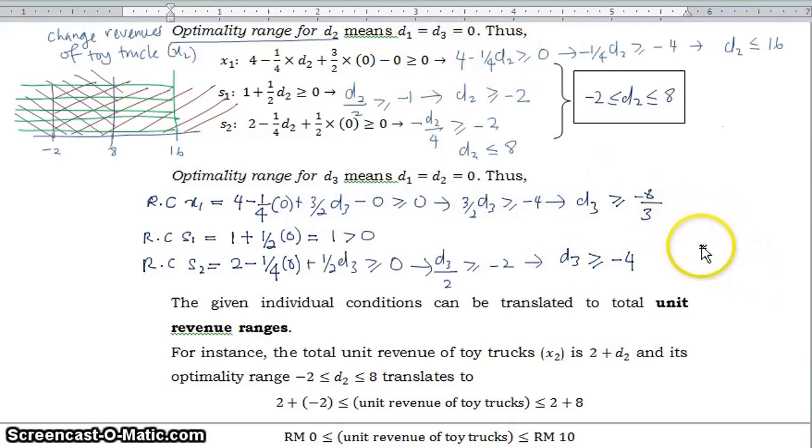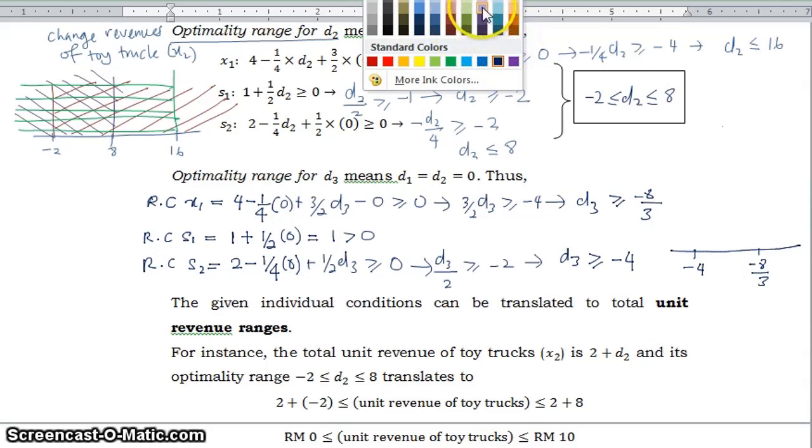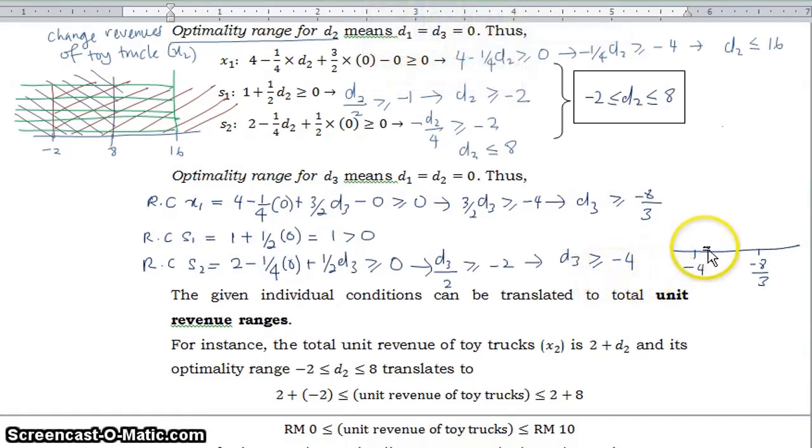Draw the line number. Okay, we know that -4 is smaller than -8 over 3. So we mark here -4, -8 over 3. The first area is greater than negative 4, so it's on the right side of negative 4.